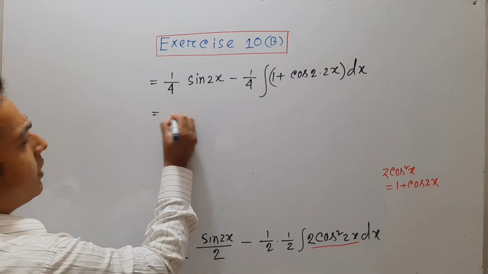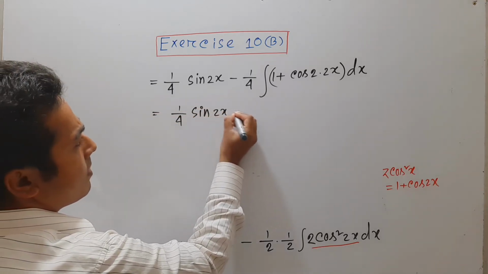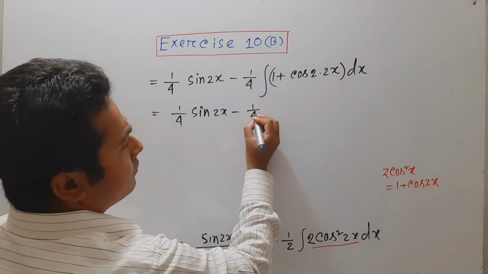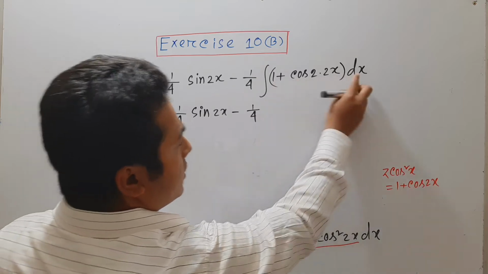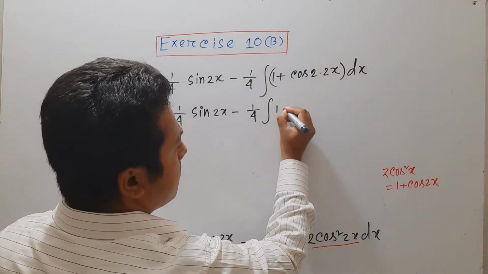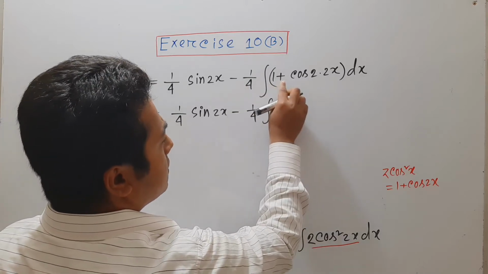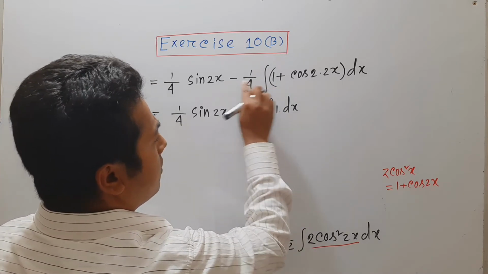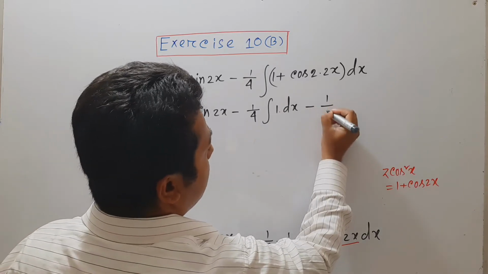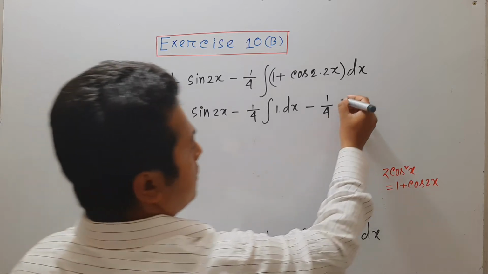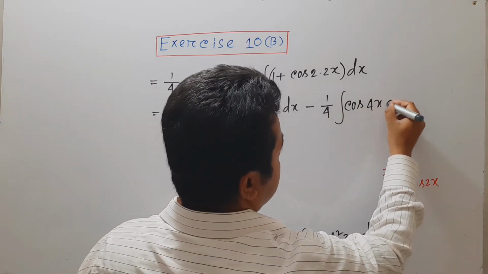Okay, then 1 by 4 sine 2x minus 1 by 4, 1 into dx, and plus, multiplication of plus and minus is equal to minus 1 by 4 integration of cos 4x dx.